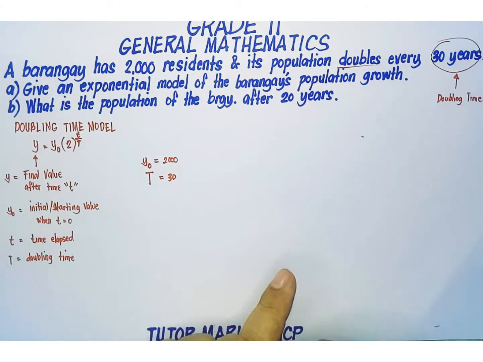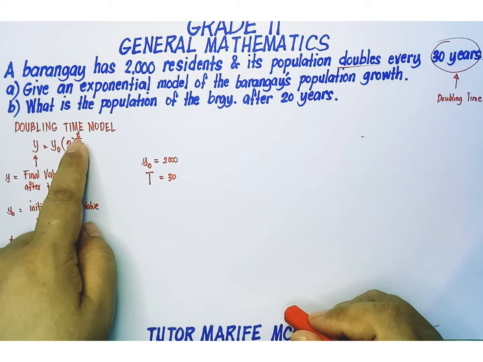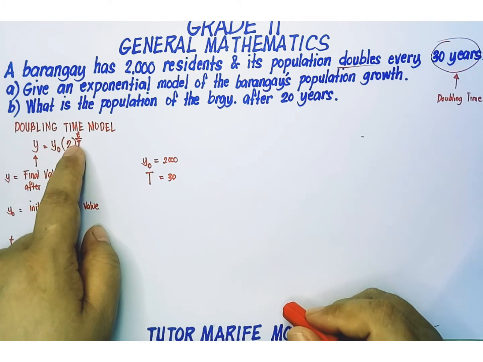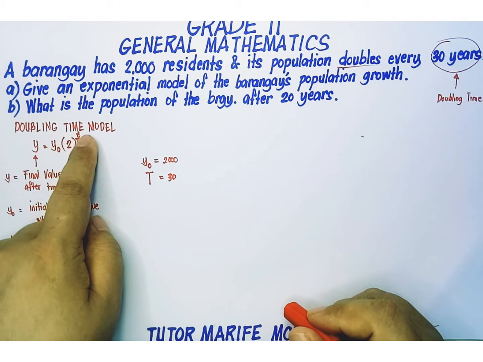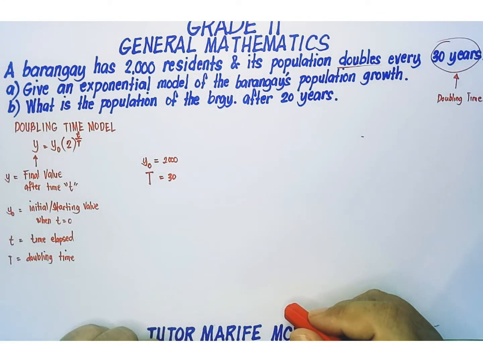Tatandaan ninyo na itong dalawang ito parehong time. This is the time elapsed. Ito naman yung doubling time. So, if this is expressed in terms of years, dapat ito in terms of years din. Consistent dapat yung mga time units. Okay?